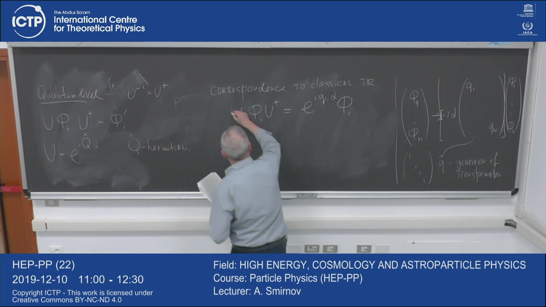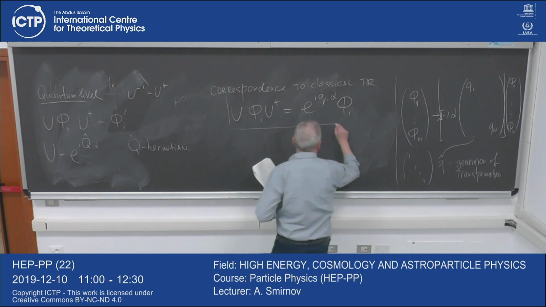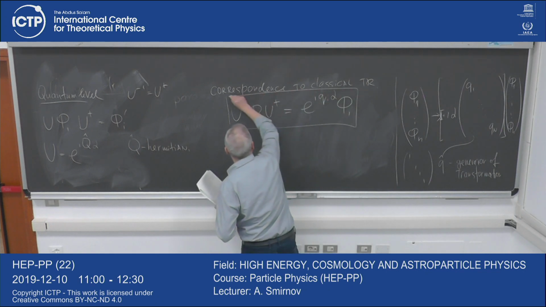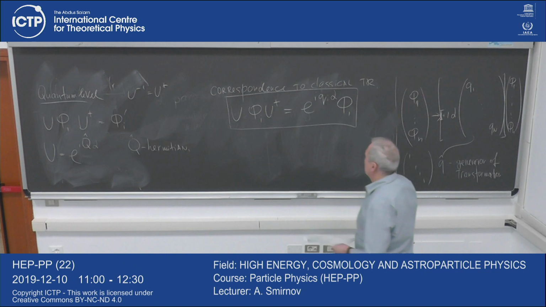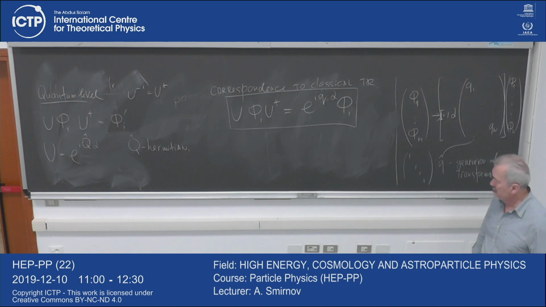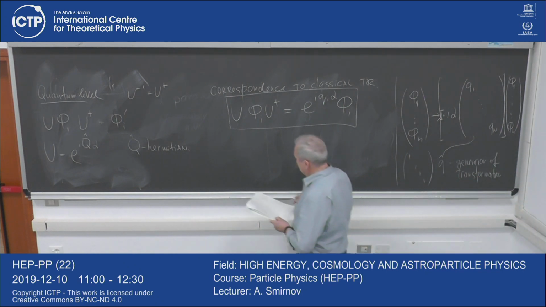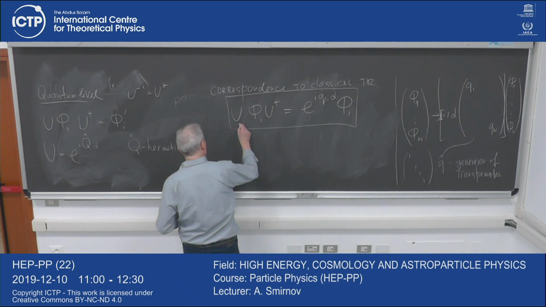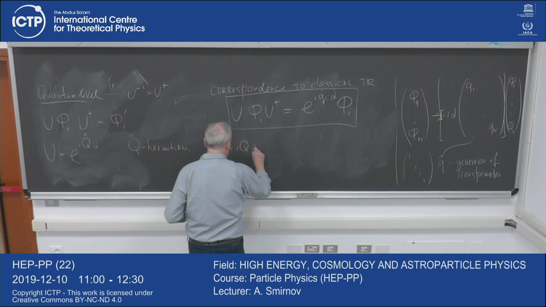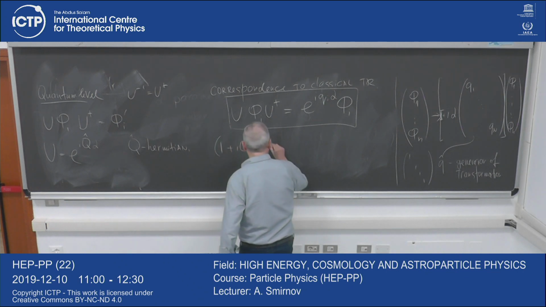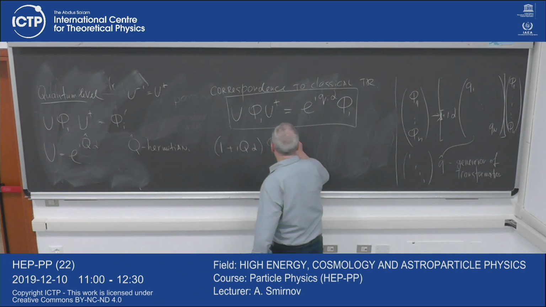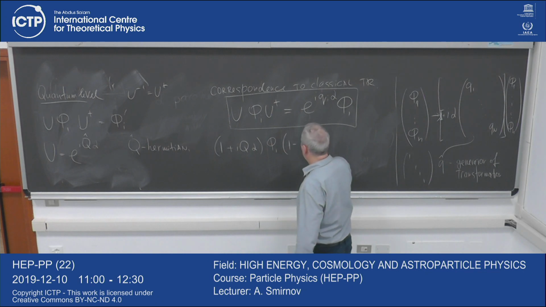Using this equality, we can find another very important equality. Let us consider an infinitesimal transformation. Then for this, we have U, which is 1 plus i q alpha, acting on phi_i, and 1 minus i q alpha.